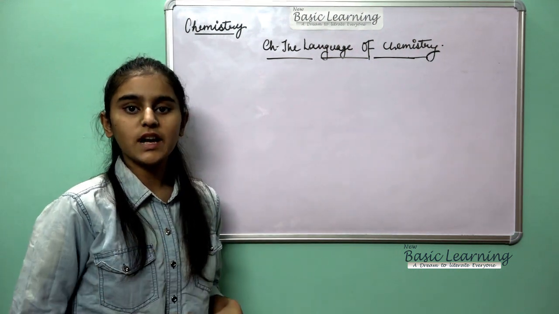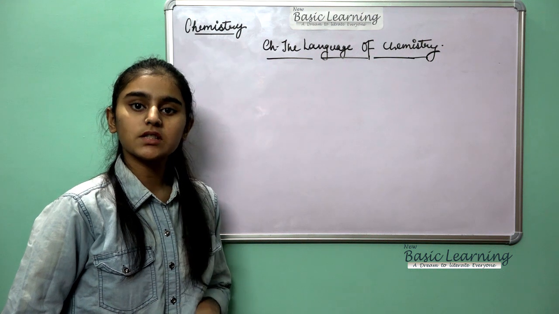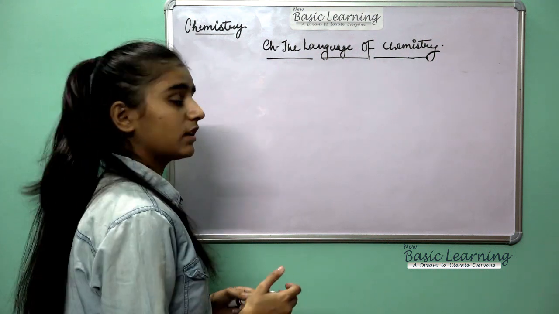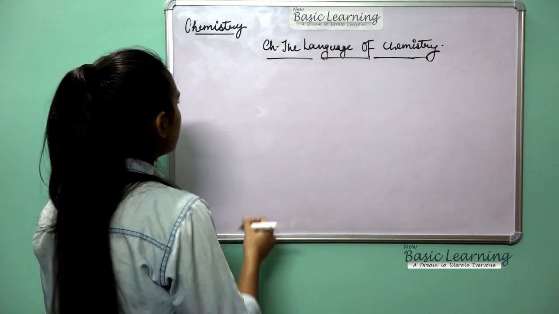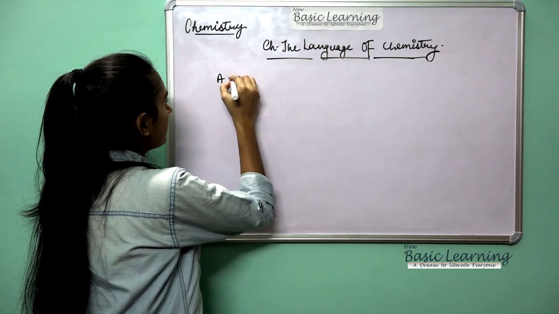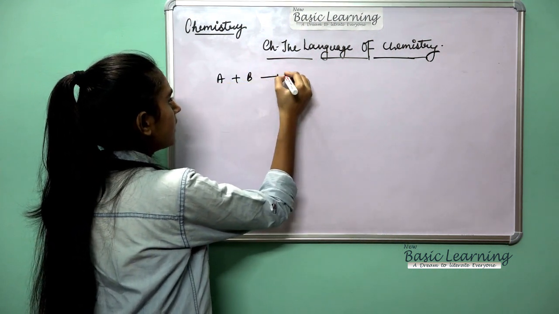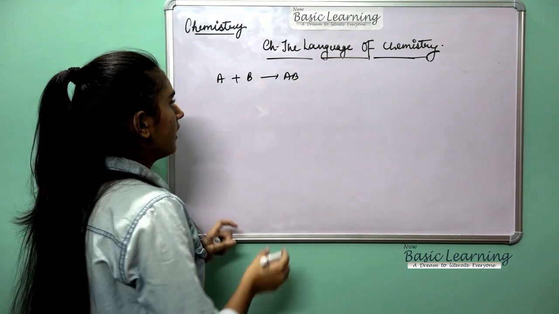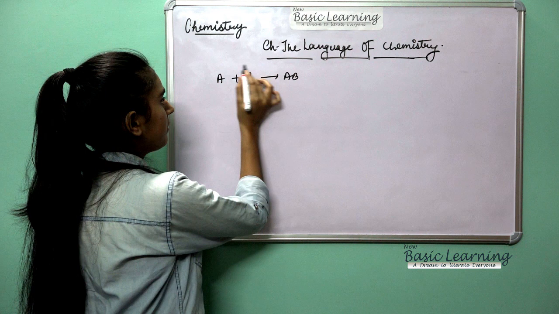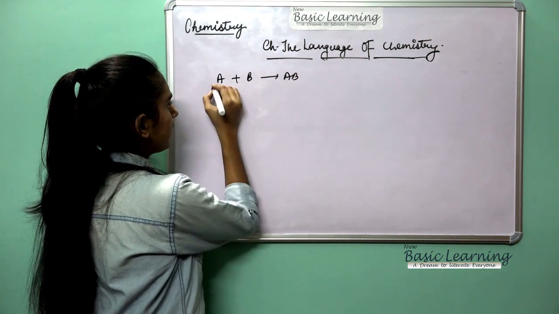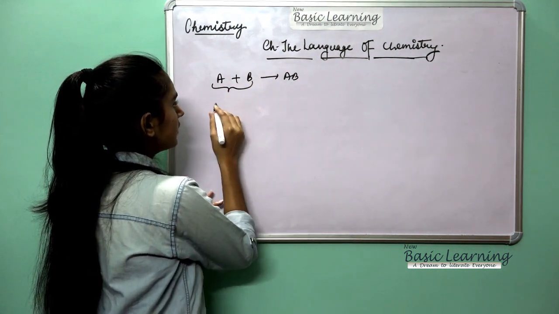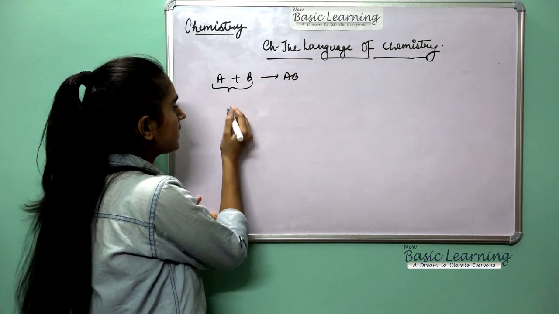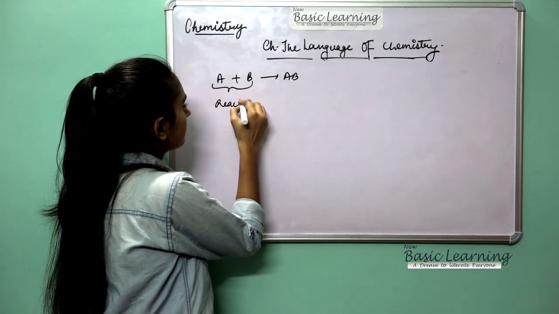So the hit and trial method follows the law of conservation of mass. Suppose here A plus B. One thing I want to clear before starting the hit and trial method: A is a compound, B is a compound. This is the left hand side, so it is the reactant.